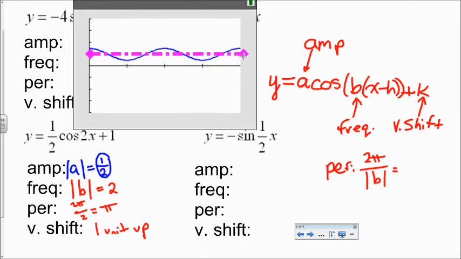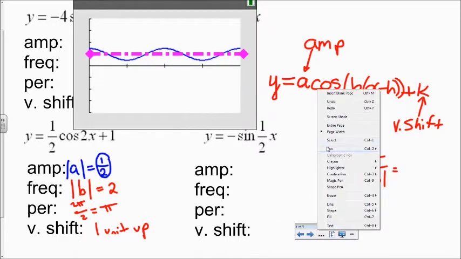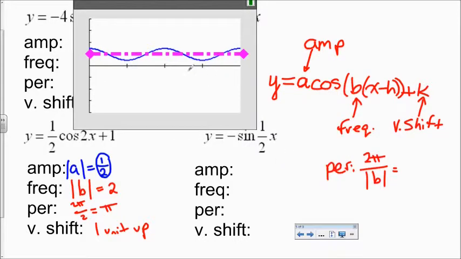Looks like it splits the graph pretty well vertically. And we said the amplitude was going to be the amount above or below the nodal line. So yeah, looks like about half a unit above, half a unit below. Seems to be confirming what we're saying.